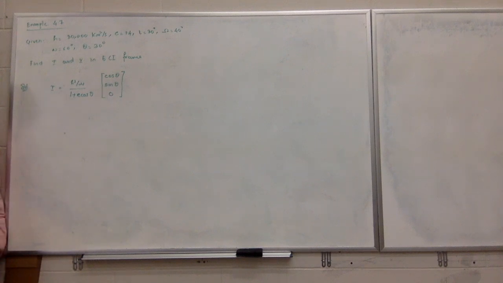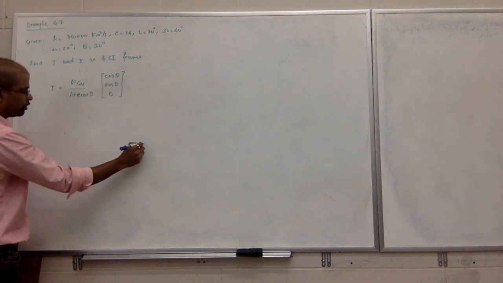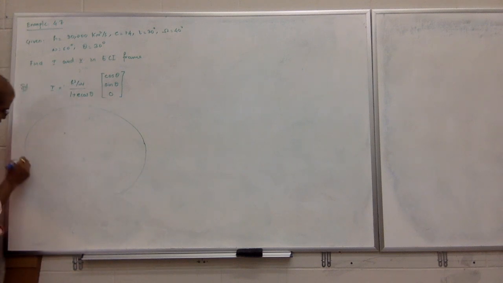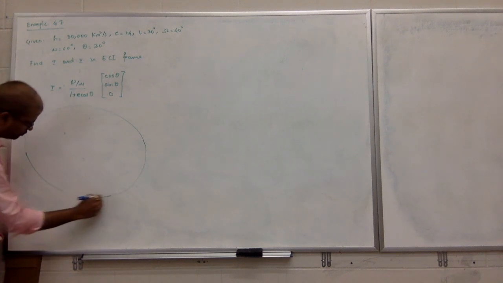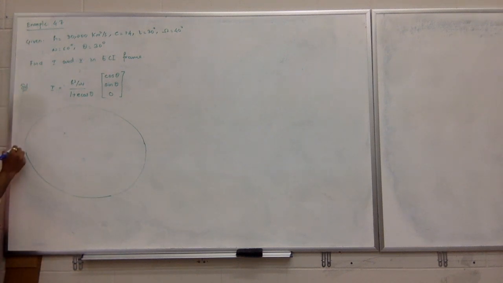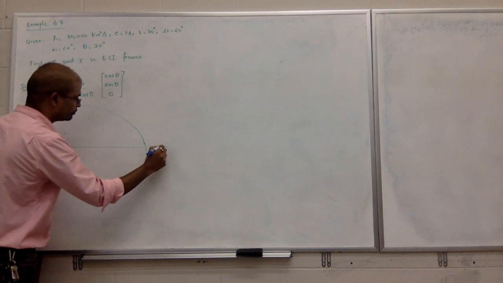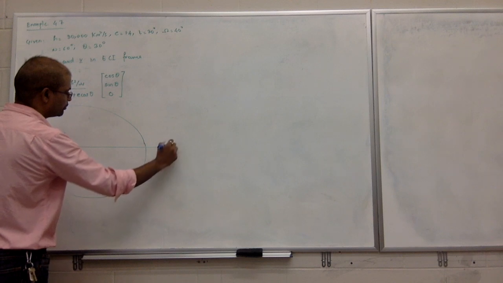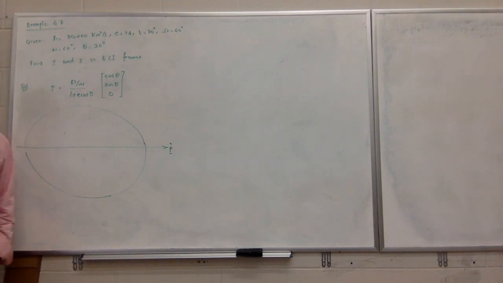Does this make sense? You see, this is my orbit. You with me? What direction is this? Perigee direction, P, right? Yep.